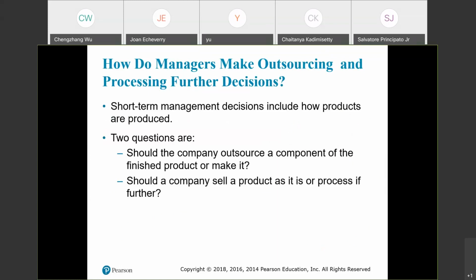Well, many companies choose to outsource products or services. For example, a hotel chain may outsource its reservation systems.